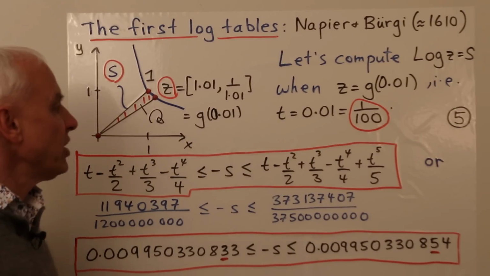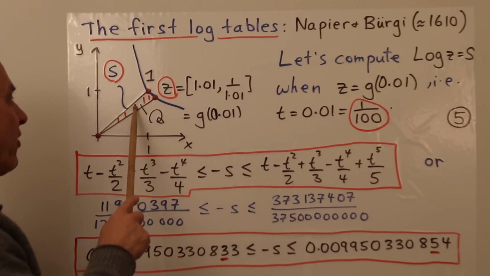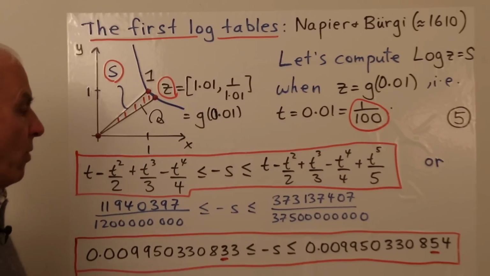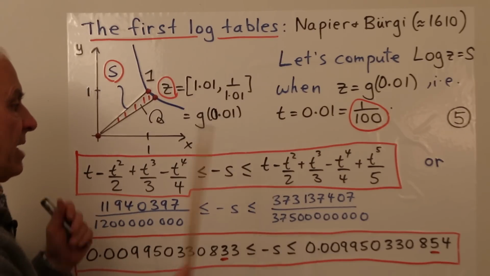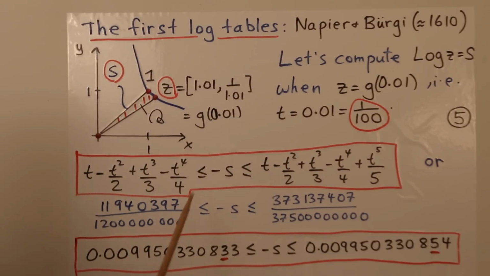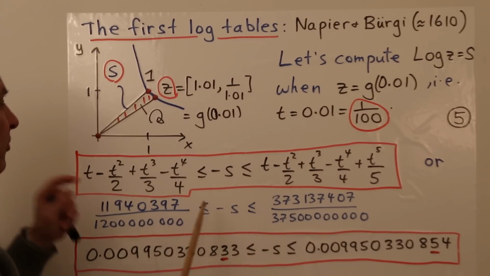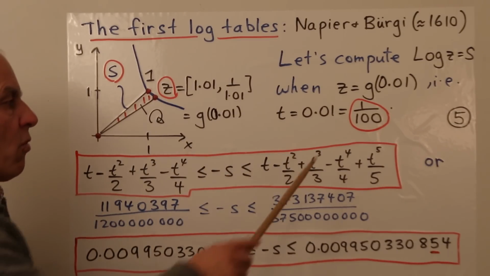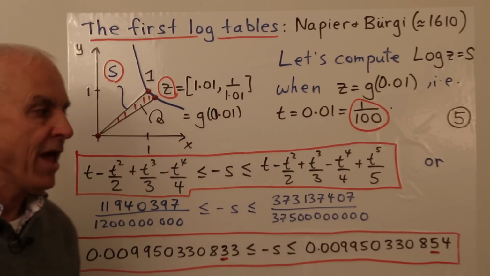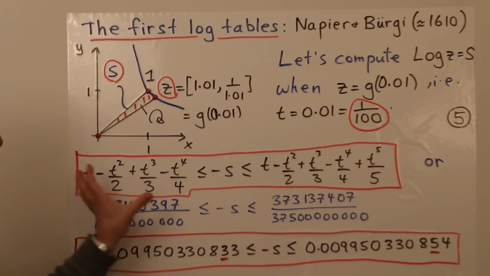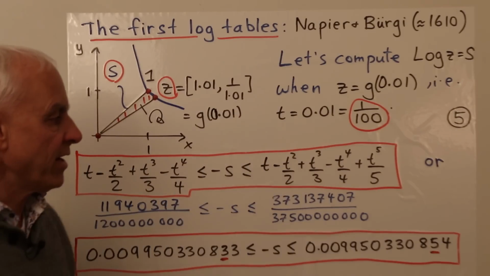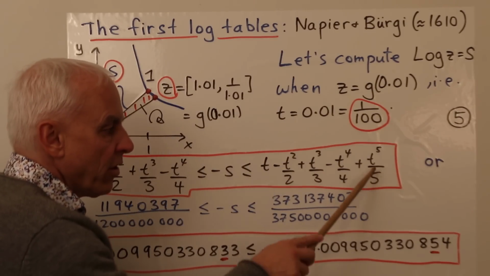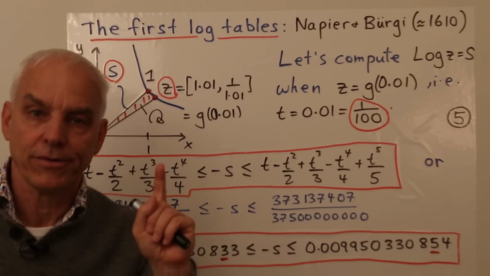Okay, so what do we know about this signed area S here? Well, we've seen this bound. This is the same kind of bound that we've already established. Minus S is between this expression and this expression. And t is happily 1 over 100. That means that the difference between the left-hand side and the right-hand side is exactly this quantity here when t is 1 over 100.